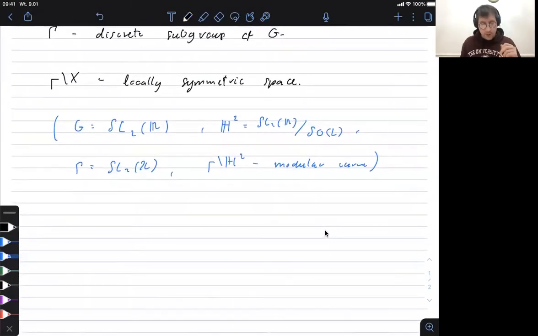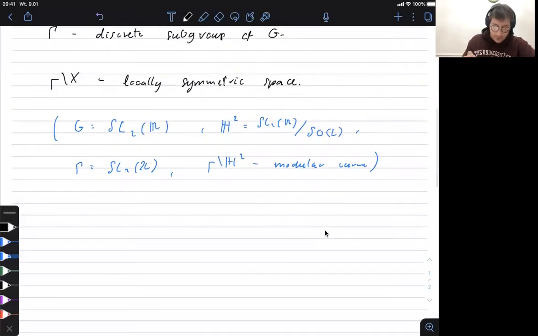Just to set up the notation, I will remind you what the injectivity radius at a point is.